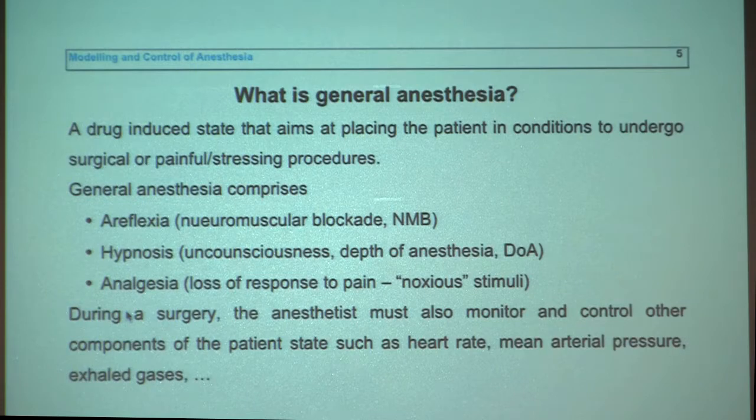Areflexia is the state in which you cannot have involuntary movements, and this is achieved by blocking the nervous impulse from your nerves to your muscles. So it's neuromuscular blockade. And then the third component is analgesia. You don't feel the so-called noxious stimuli, the pain. You don't feel pain, or you don't react to pain.